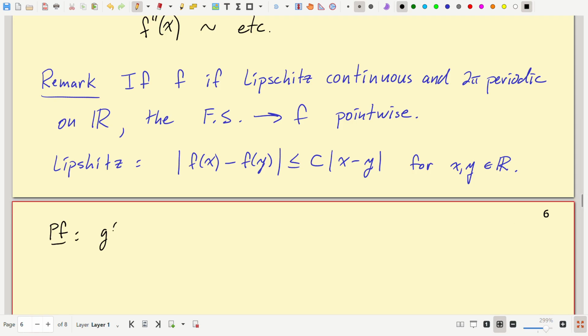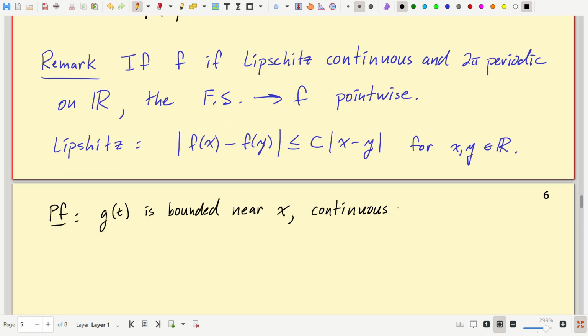g of t is bounded, and nice enough, bounded near x and continuous elsewhere. So it's Riemann integrable. I think I'll save my review of the Weierstrass M-test for next time. It's continuous elsewhere, so everything's fine.